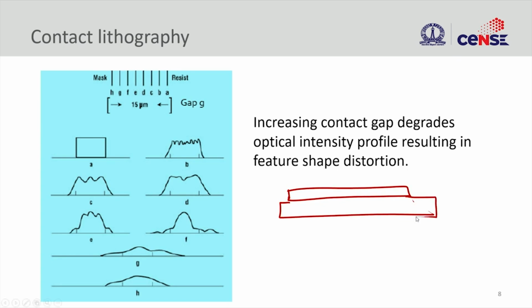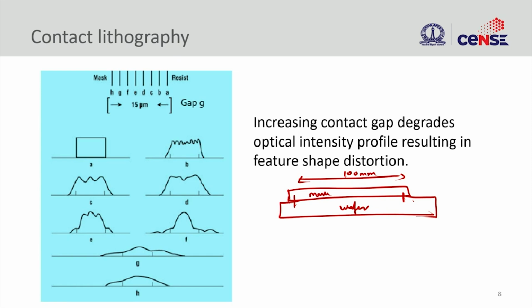Let's say this is about a 100 millimeter wafer, and this is the mask that you have, and this is the wafer. So you should have contact across the length and breadth of this wafer. You should not have any gap, but ideally this is very hard to achieve.